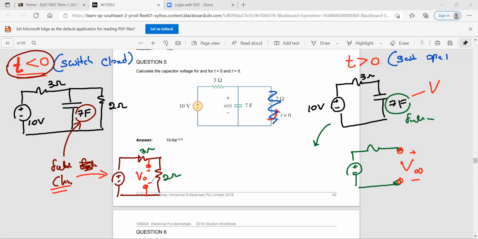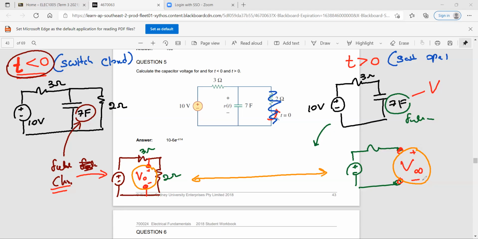So anything beyond 0, there's a voltage across the capacitor. When the time is equal to 0, there is a voltage across the capacitor. When the time goes to infinity, there is a voltage across the capacitor. In between these two, the voltage is changing from V0 to V infinity.